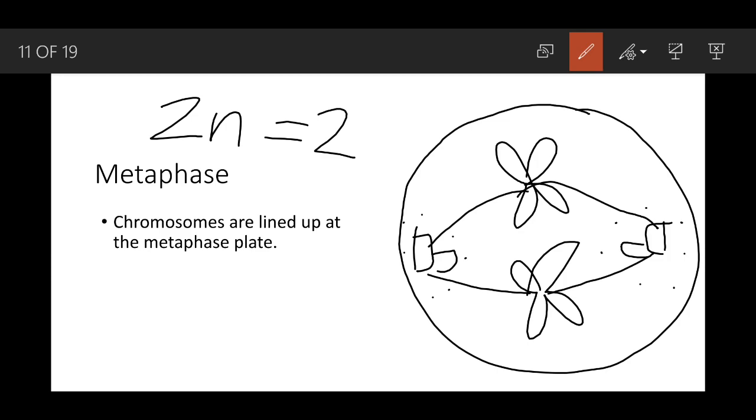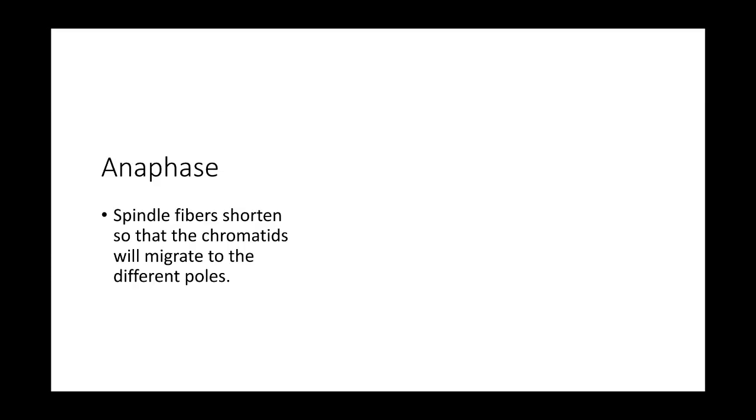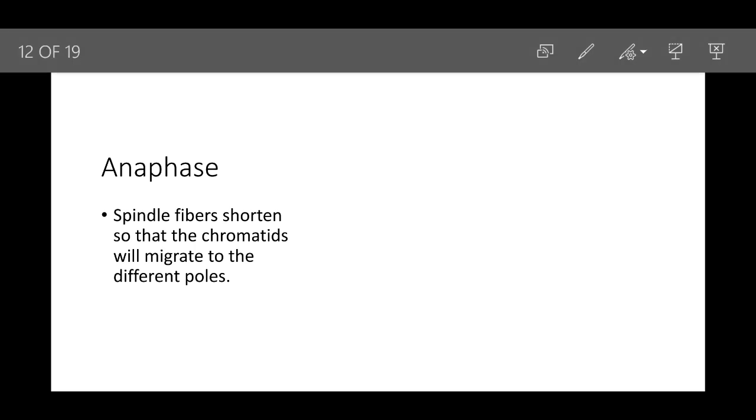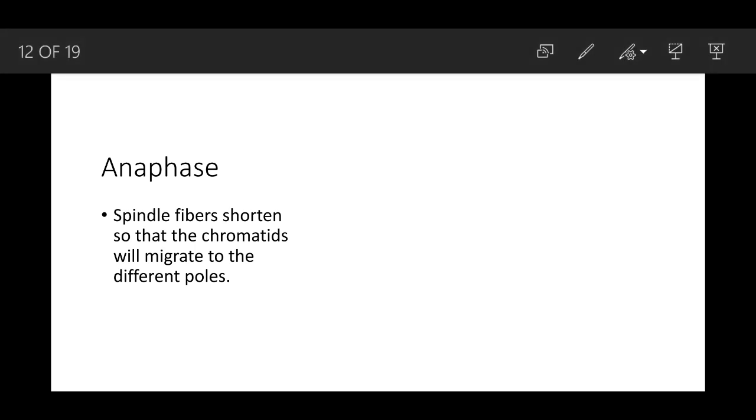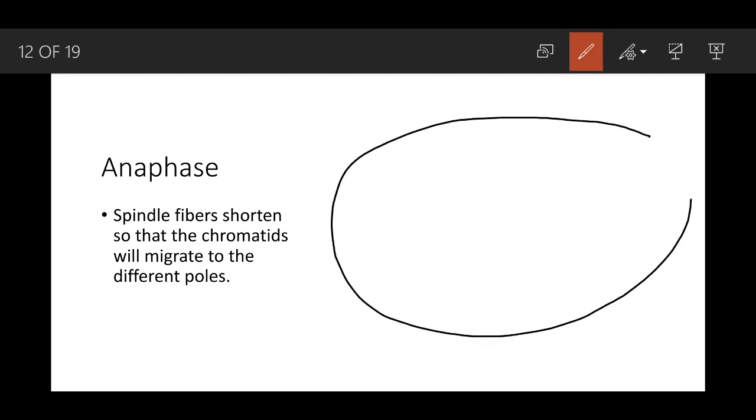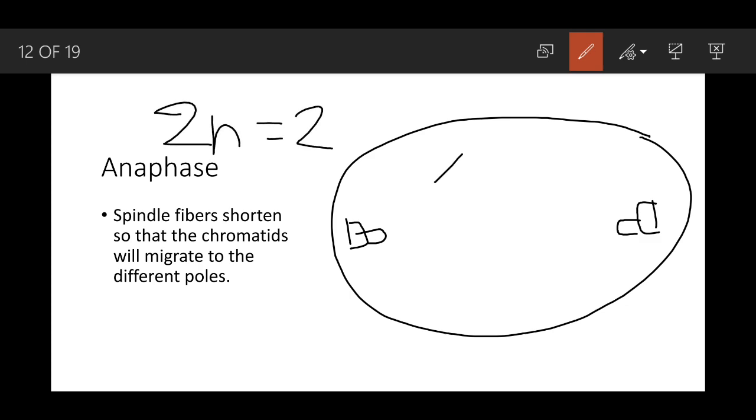And then, after metaphase, we have anaphase. Now, for anaphase, spindle fibers shorten so that chromatids migrate to the different poles. This is the time when your sister chromatids will be separated from each other. The cell is a bit elongated on this part. And again you have your centrioles, the same as given for all. So, it looks like this.